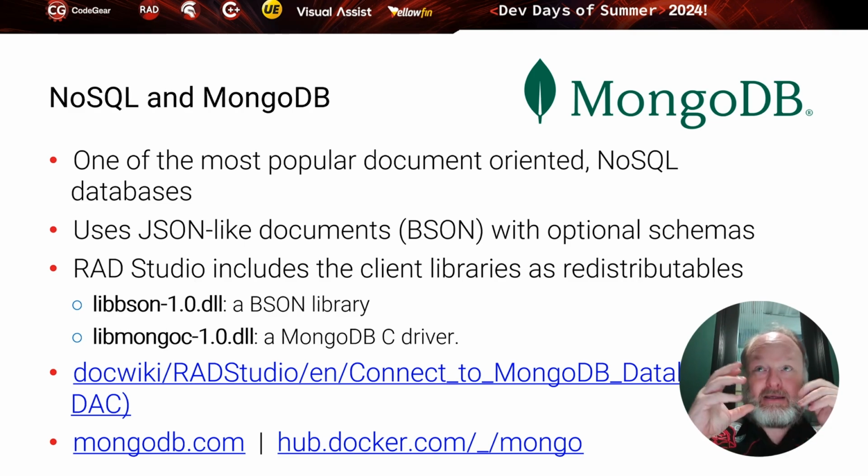Instead of having data in columns and rows like you're used to, each record is a JSON-like document, which is called BSON, which can have a schema. Now, in practice, the records are consistent, and they consistently implement a schema.